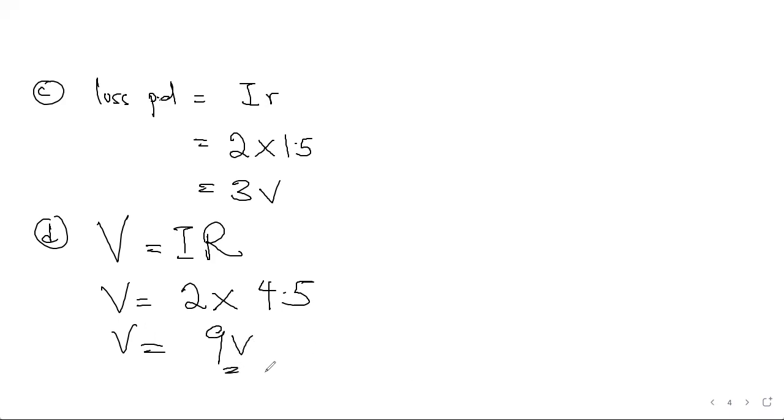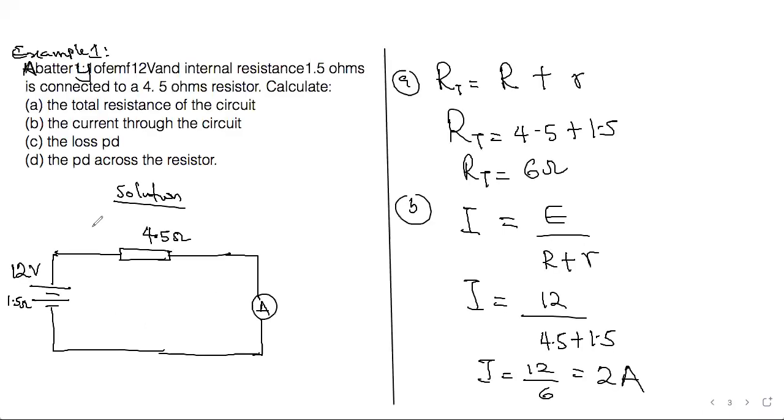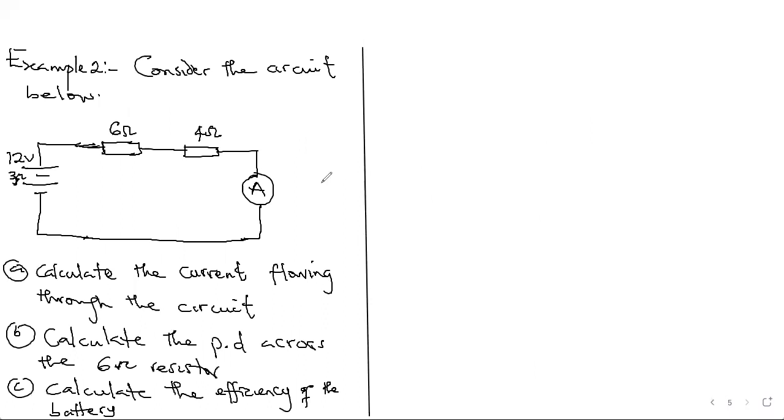If you look at it, this capital V plus the lost voltage, the small v, must be equal to the total EMF. So that should be 9 plus 3, which is 12, and the EMF is 12. Okay, that makes sense.